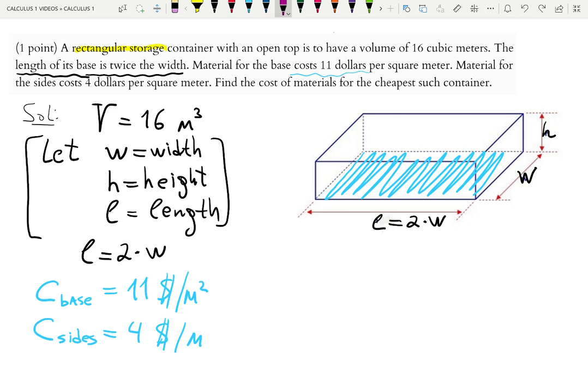Find the cost of materials for the cheapest such container. So basically this phrase means minimize the cost, right? Because we want the container to be the cheapest. Okay, fine. So to minimize the cost, it means even though the volume is given, we don't know the height, the width, and the length, and that's what can be changed.